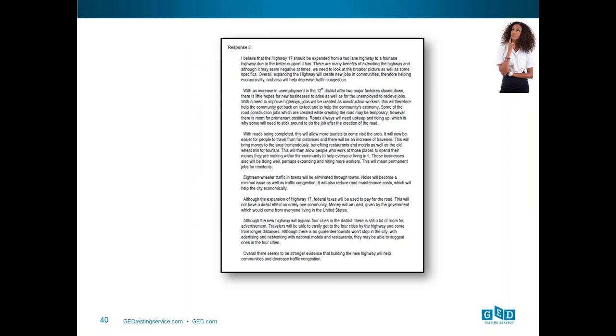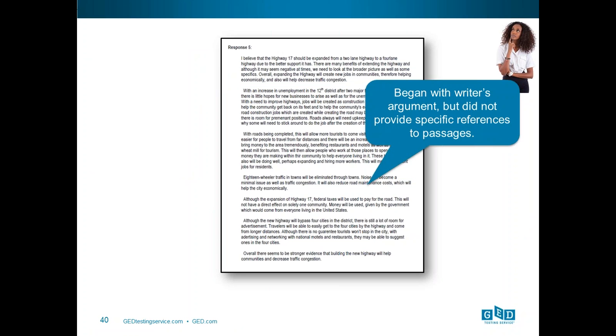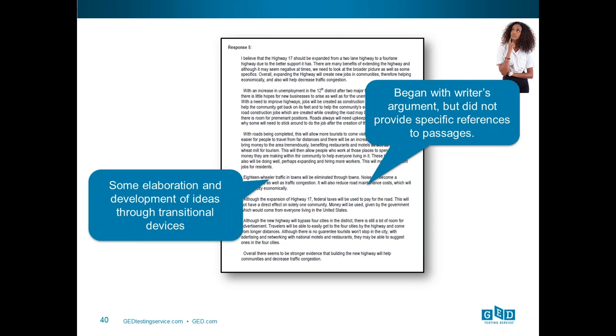But some of you also talked a little bit, and Susan, you referenced it, about trait 2, that organization and development of ideas. Here again, this particular writing sample did begin with the writer's argument, but they didn't provide those specific references to the passages, such as you had stated earlier, according to.